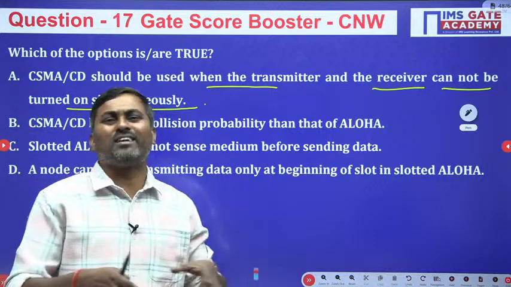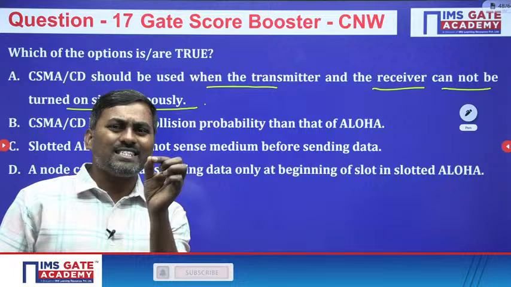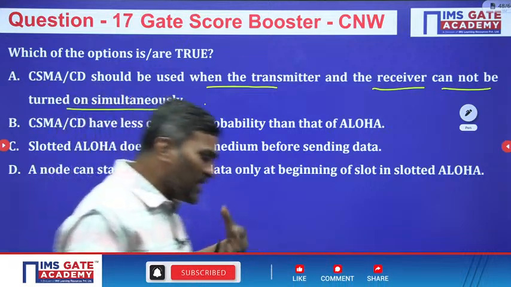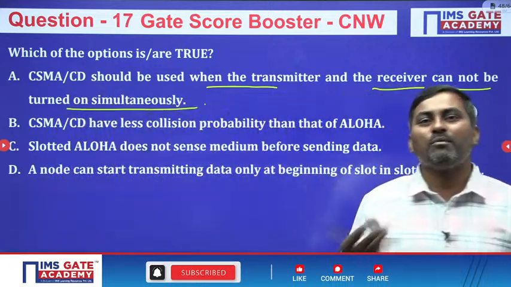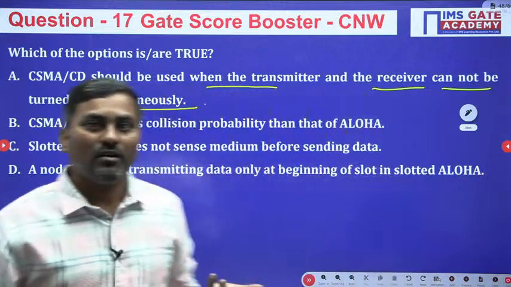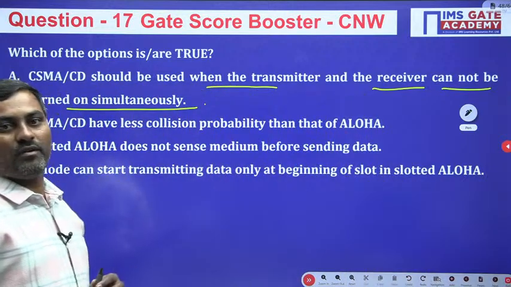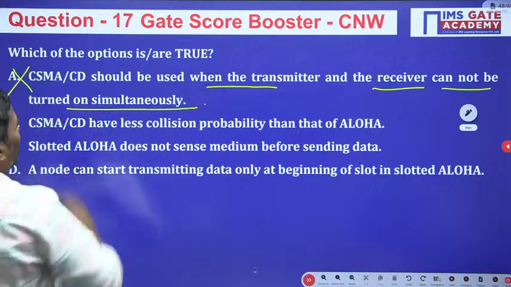Collision will happen, you have to detect, correct or not? CSMA itself is saying the carrier is sensed by multiple access people. More than one person can try simultaneously. It is saying that we should not try it. Is it wrong or not?